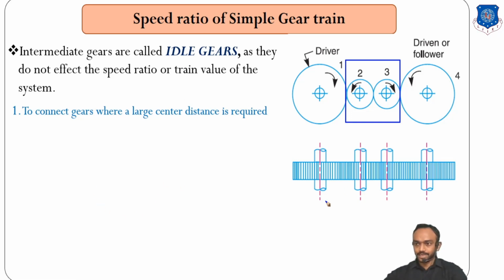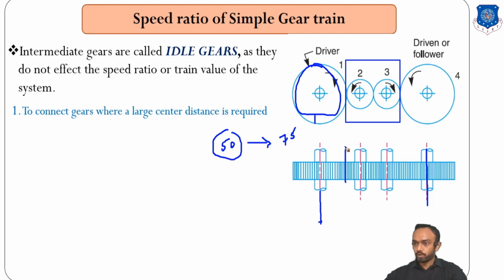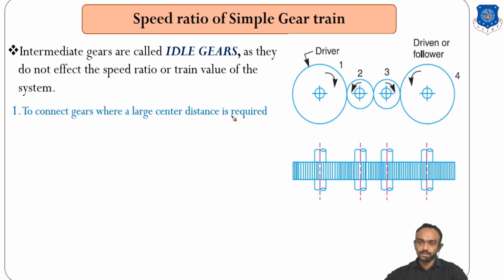If the center of the first gear is here, this is the shaft, and the driven shaft is here, and I need to transmit the RPM, say increase the RPM from 50 to 75. According to these RPMs, the size of the gears will be fixed, but I want to fill the space between them, and that can be done by these idle gears.